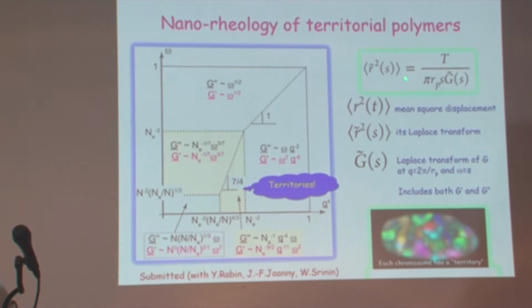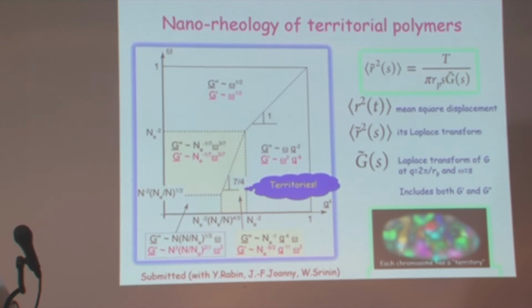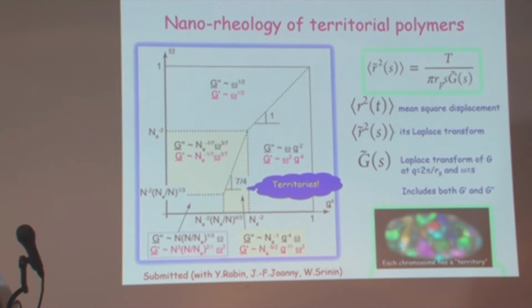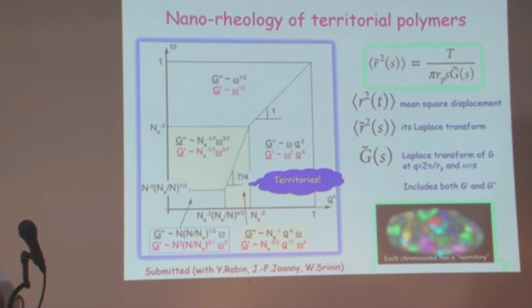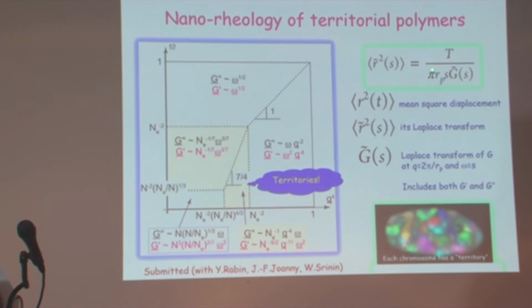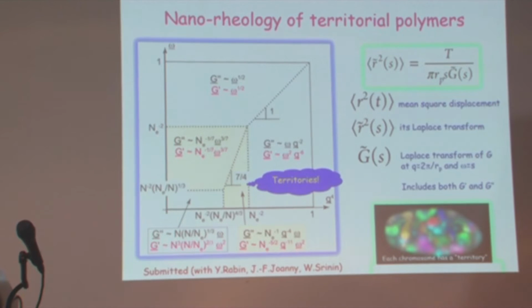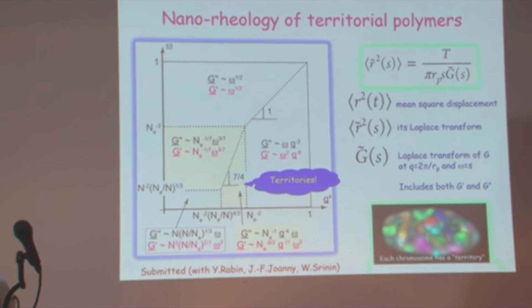If you imagine doing a microrheology experiment, inserting a particle in your chromatin and watching how it undergoes random motion, then you hope to extract this generalized viscosity from essentially the Stokes-Einstein formula, and there is Rp, which stands for particle radius.